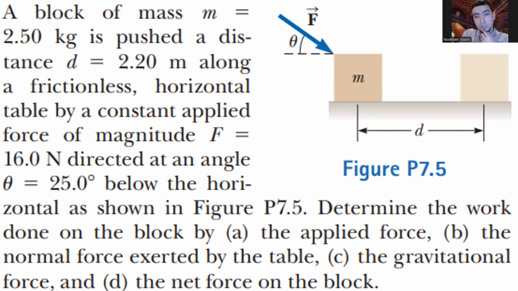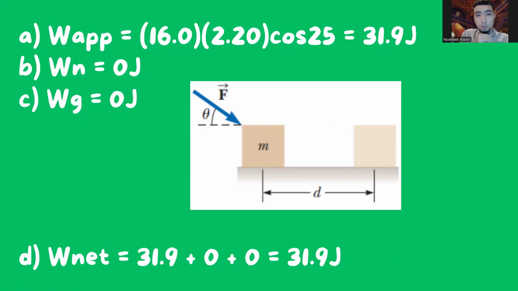So we already talked about that the work done by the normal force and the gravitational force is equal to 0 when the block or the mass doesn't change its displacement vertically.